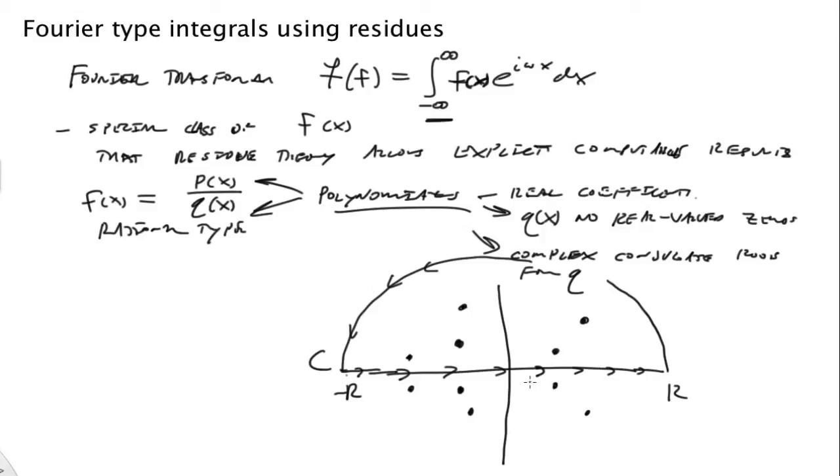And C is going to be broken into two pieces. I'm going to call this part on the bottom C_x, and also C_R, the radial part that goes over through the complex plane.